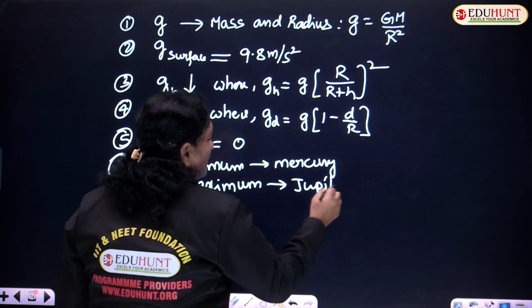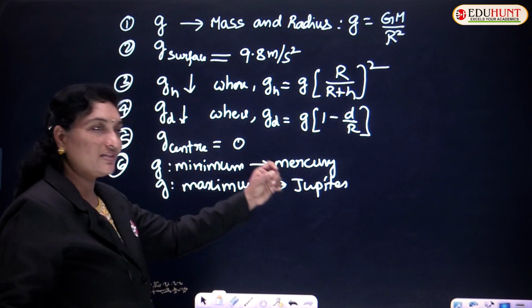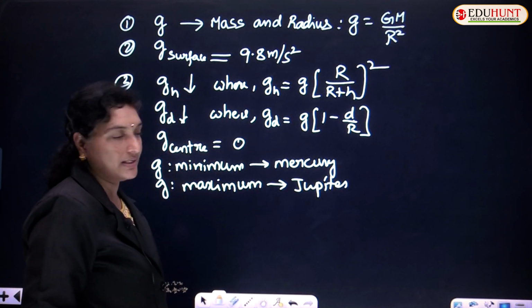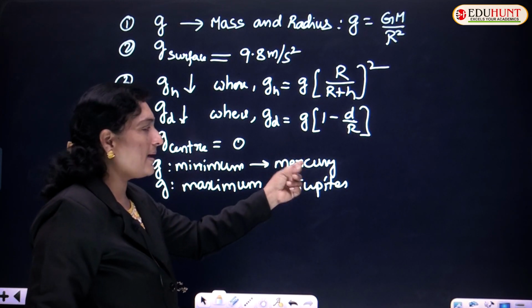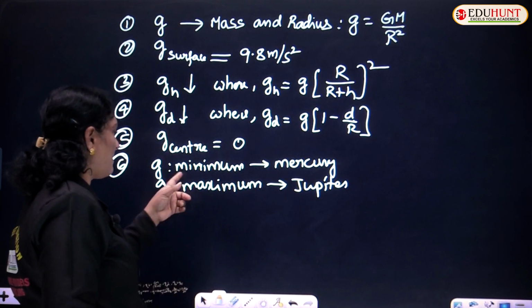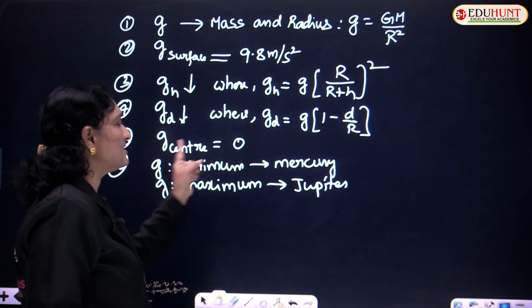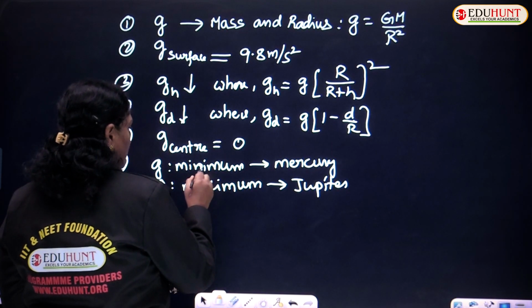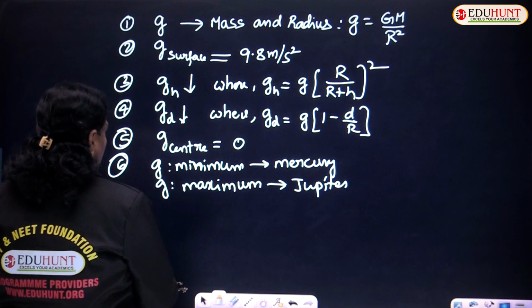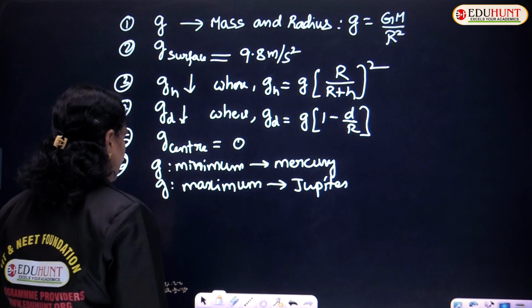What makes the difference, children? The mass of Mercury is very small as compared to the mass of Jupiter. So the larger the mass, the larger will be the acceleration due to gravity. The lesser the mass, the lesser will be the acceleration due to gravity. So the acceleration due to gravity at Mercury is observed to be minimum, whereas on Jupiter it was observed to be maximum.